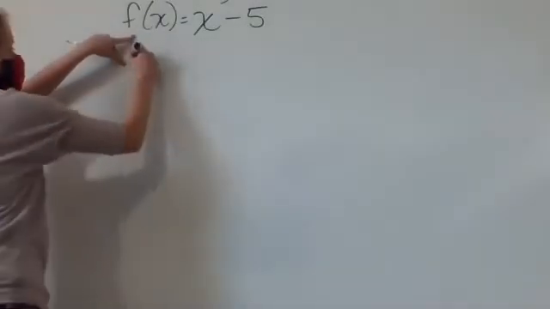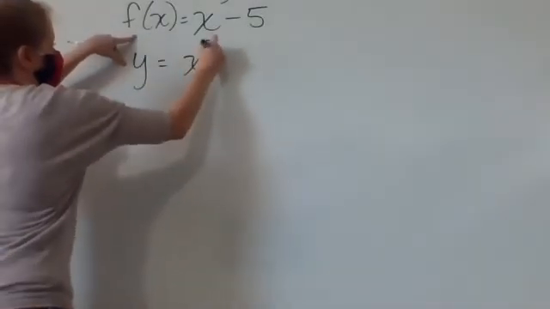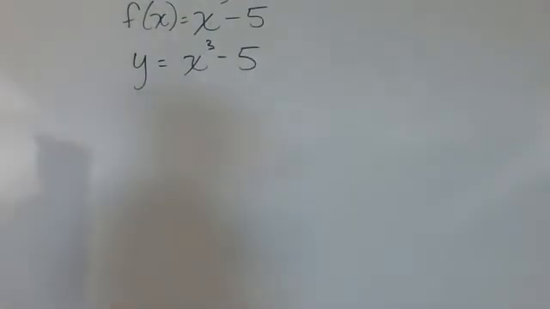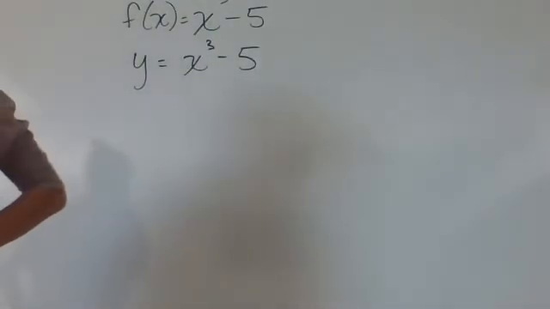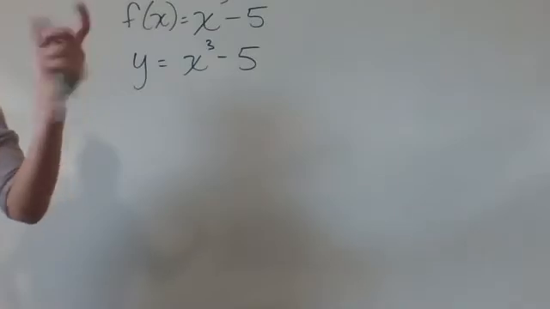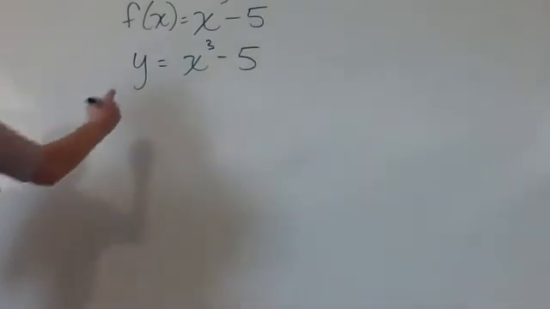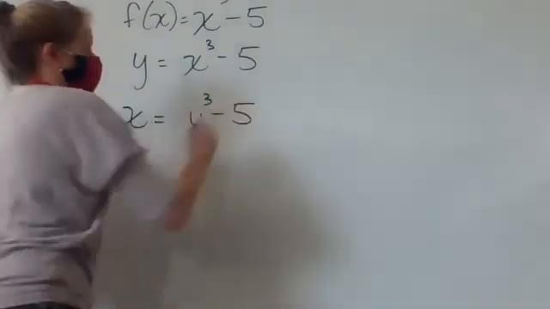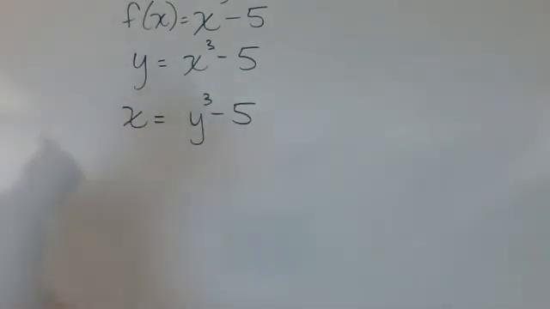This really says y equals x to the third minus 5. Flip-flop them. So x equals y to the third minus 5.